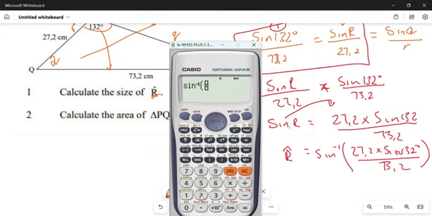We have 27,2 multiplied by sine 132, close bracket, all over 73,2, and then you close the bracket again.